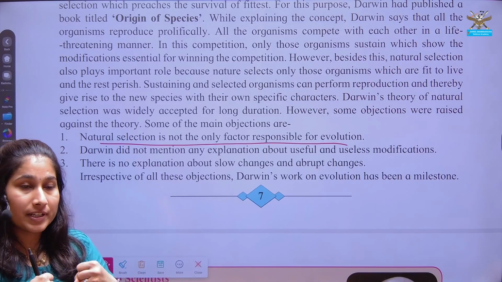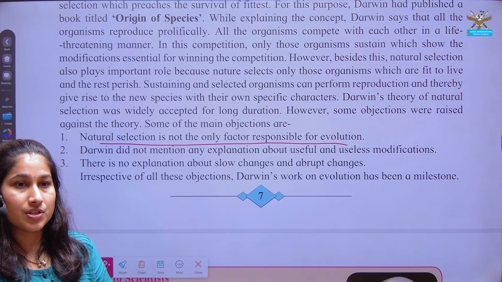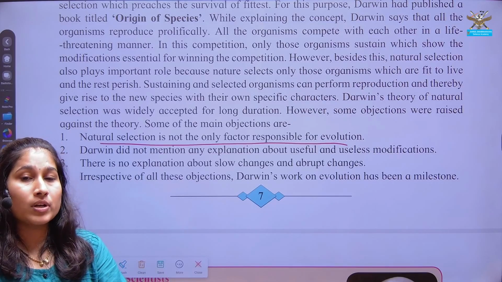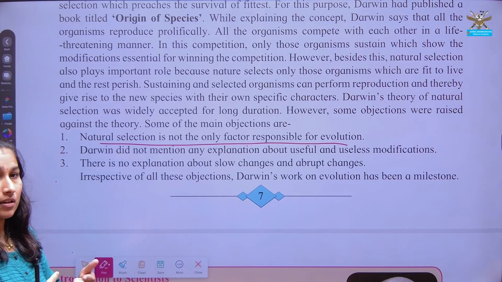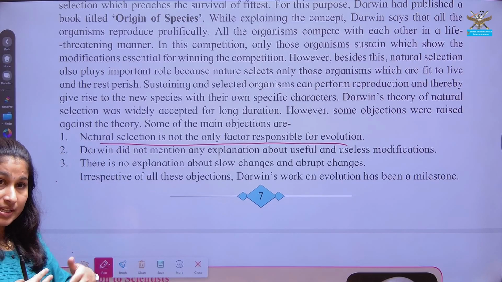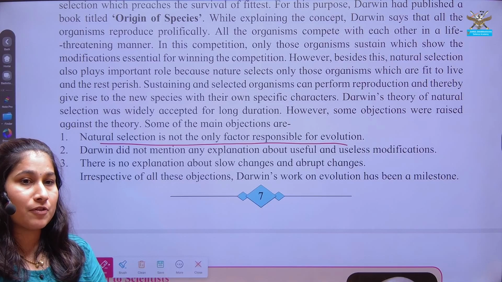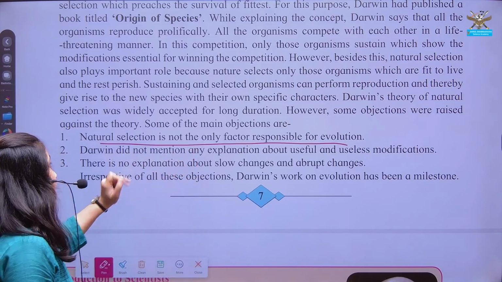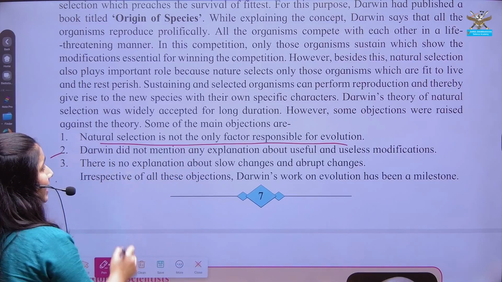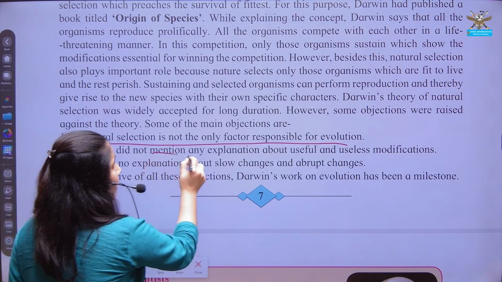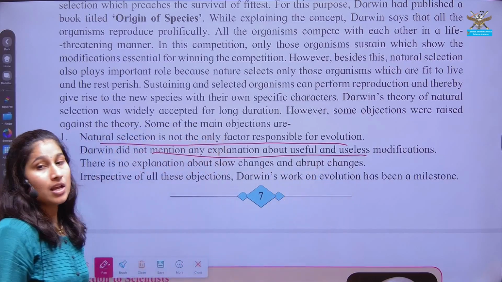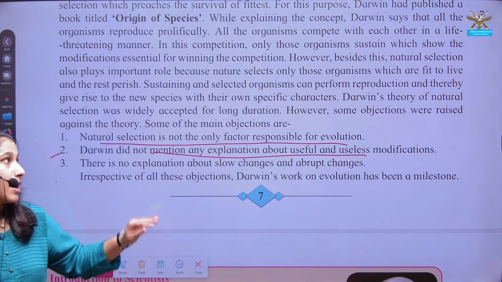They try to fit in each and every environmental condition. They struggle to live by competing or by reproducing a large number of individuals, but this was not the only factor for evolution. Second objection was that it did not mention anything about useful and non-useful modifications.